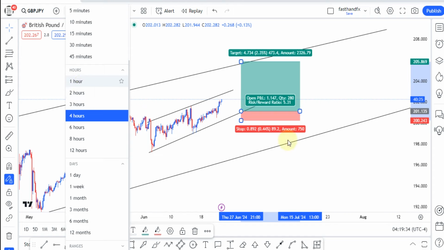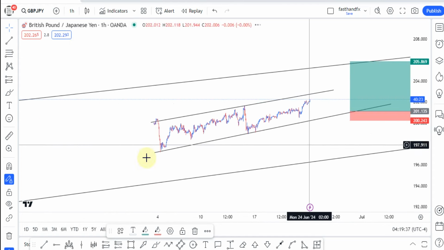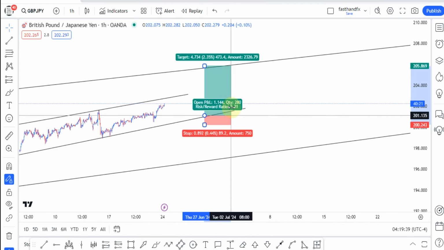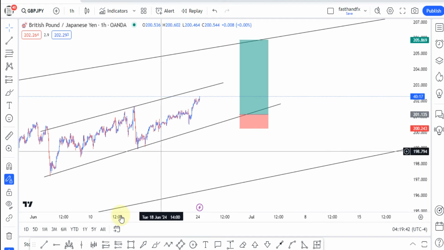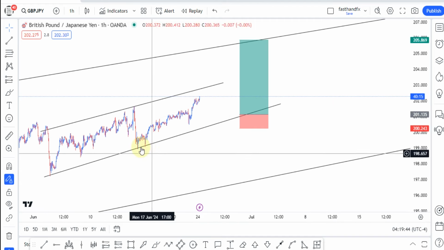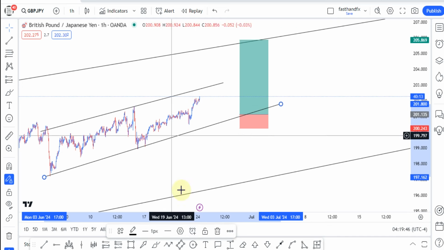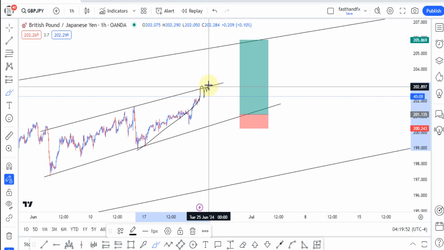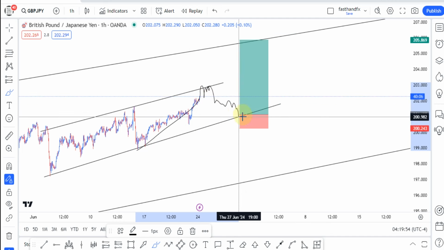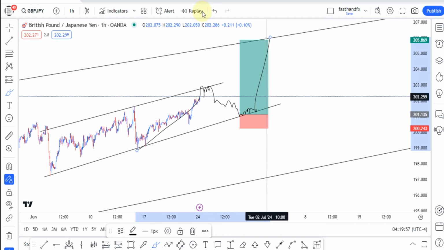So this is what we have on the hourly. Like I said before, I might just call this an impulse. First touch, second touch, we've not had that third touch. I call this an impulse. Let price do its thing, then give us this kind of continuation pattern, a reversal right there, attack at this level for good buys.